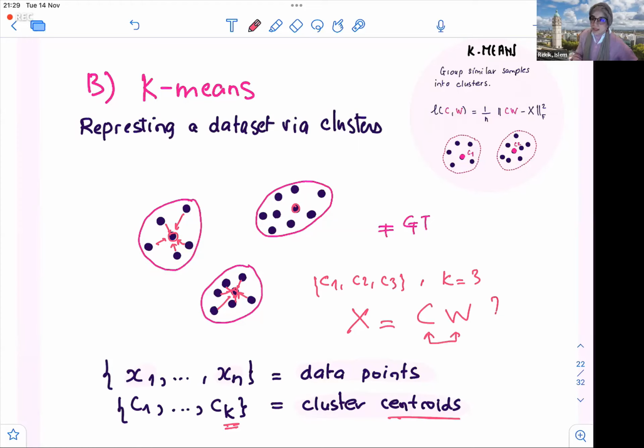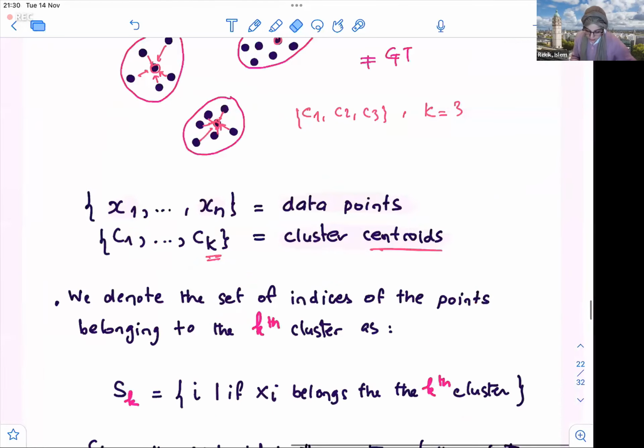And this is what we have been doing so far, starting with one representation and trying to factorize it into two, and one of them would be learnable. Sometimes the C is learnable, other times W is, and sometimes both of them are learnable, right? Cool. So now let's keep going with K-means.